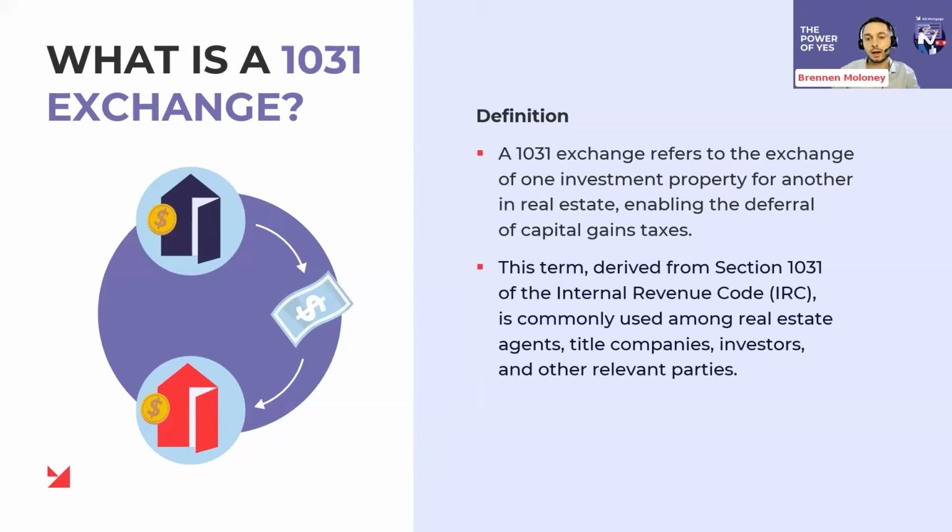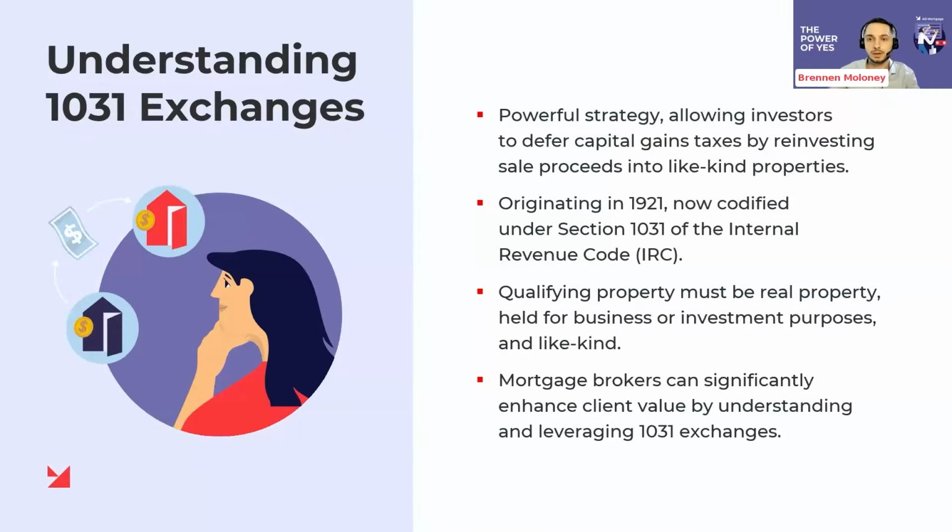But as long as you buy another investment property, you can go ahead and defer those capital gain taxes and continue building your real estate portfolio. So it's carved out in the IRS, and you can go to the IRS website to get all sorts of nitty-gritty details. And that's a little bit about what we're going to be talking about today: how can you guys as mortgage brokers go ahead and apply these to get more business?